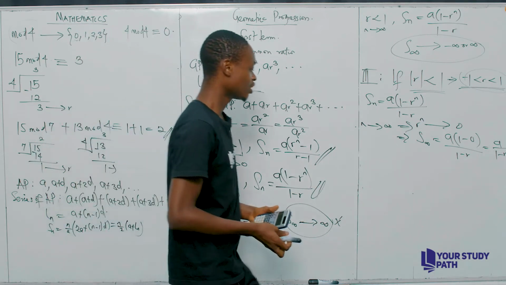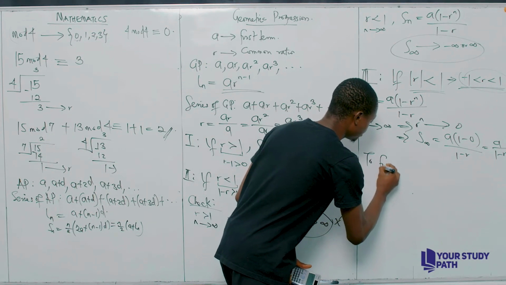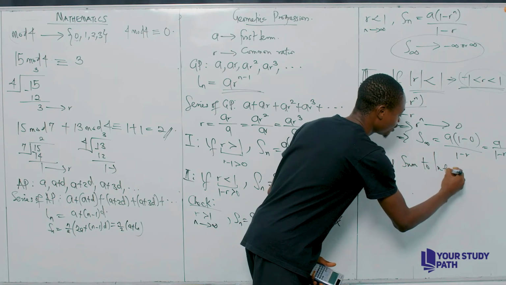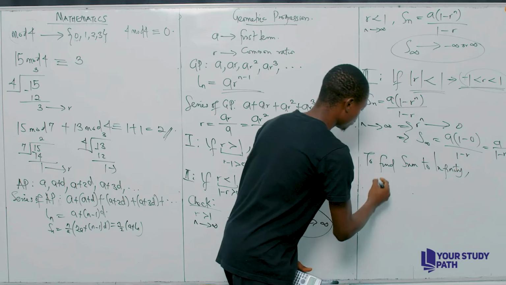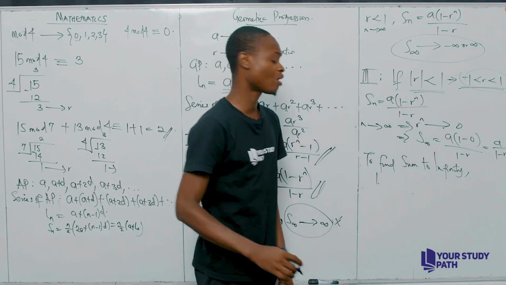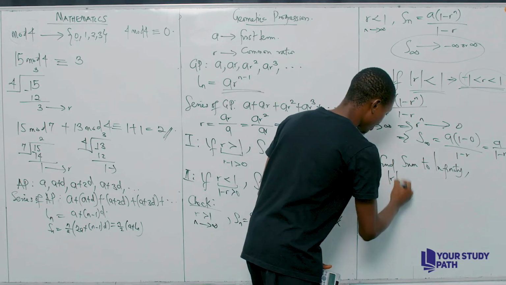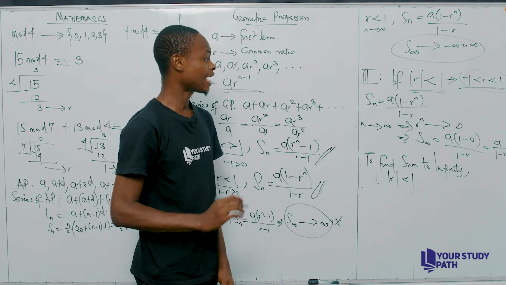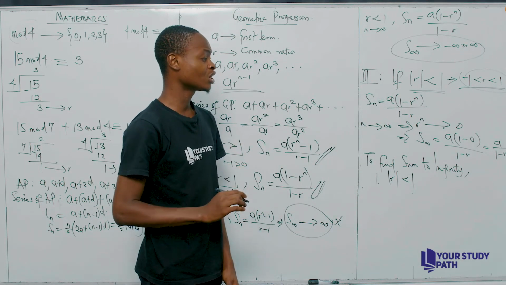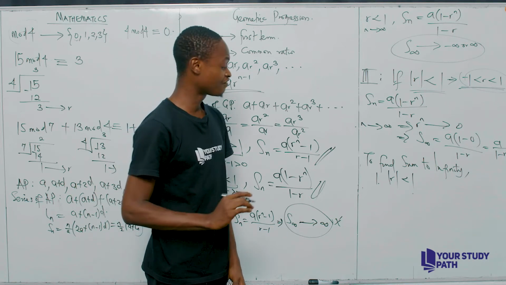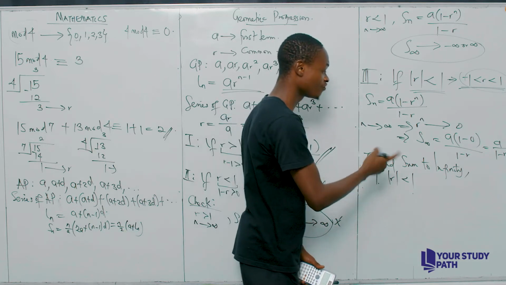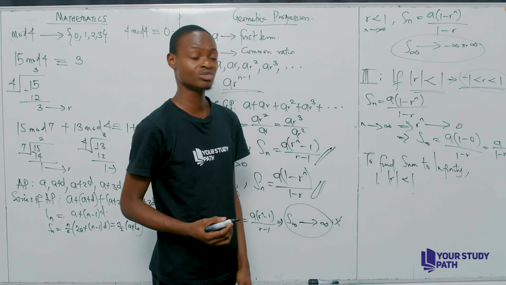So what does this mean? It means that to find the sum to infinity of a geometric series, a condition must be satisfied. The absolute value of that ratio must be less than 1. If you can ascertain that, you are good to go. So in fact, this is the major condition you need to find.